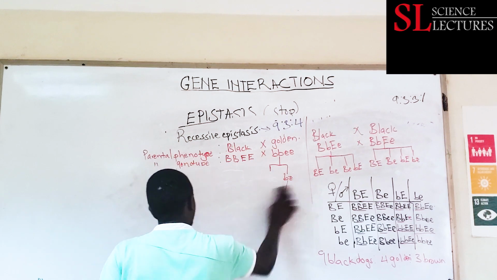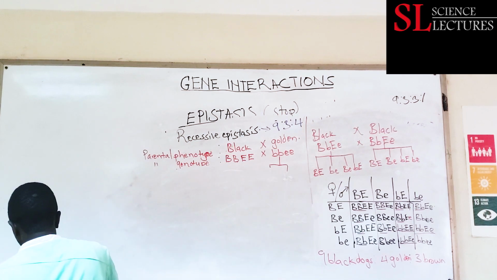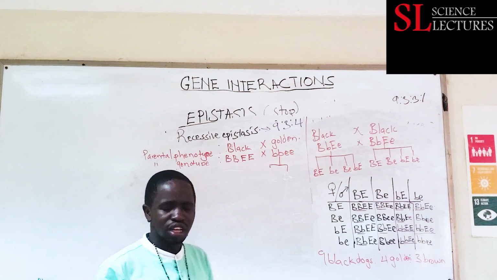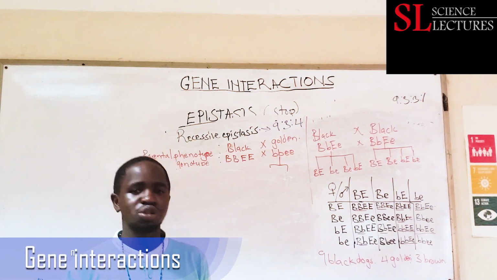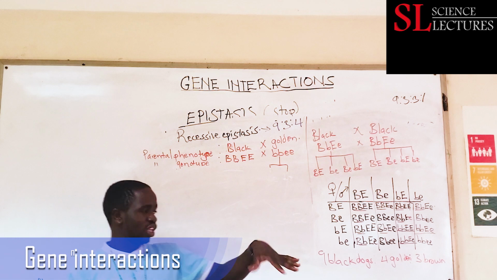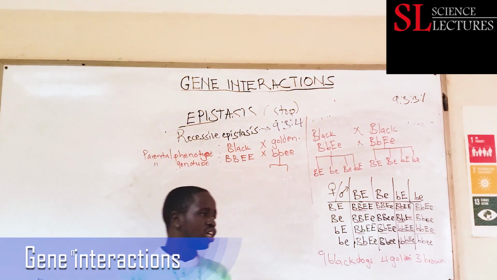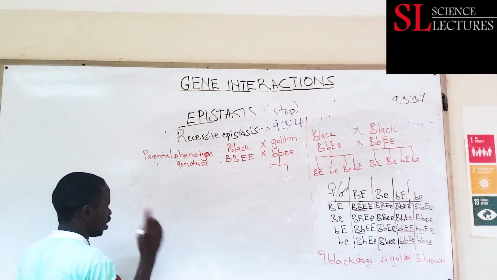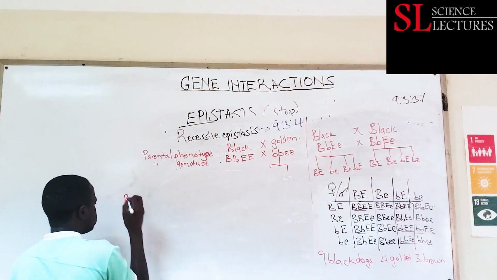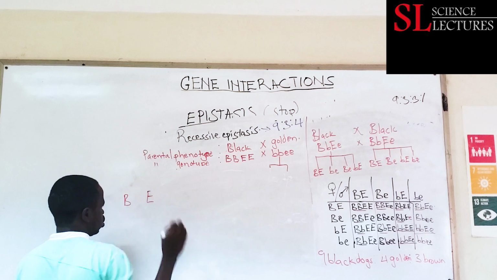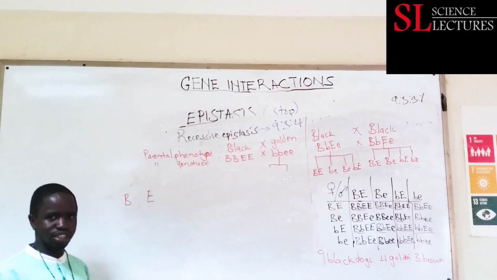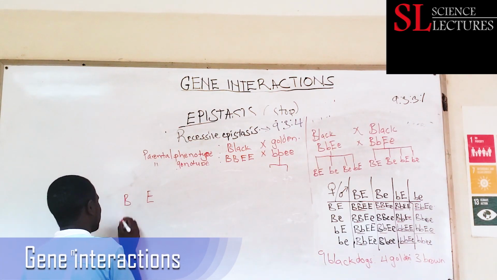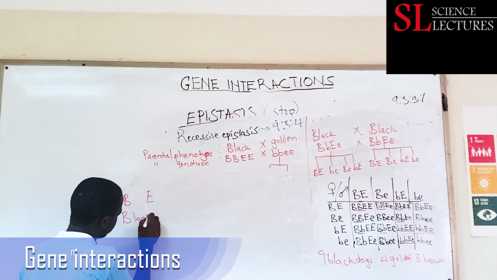So in recessive epistasis, a recessive gene will mask the expression of another gene, therefore it will prevent the expression of that gene. From what we've so far discussed, for you to have a black dog, you must have gene B and gene E dominant. So hypothetically, gene B is responsible for the production of the black pigment.